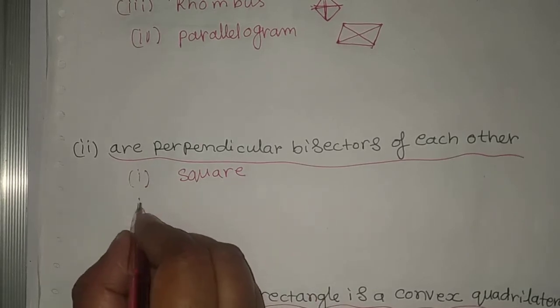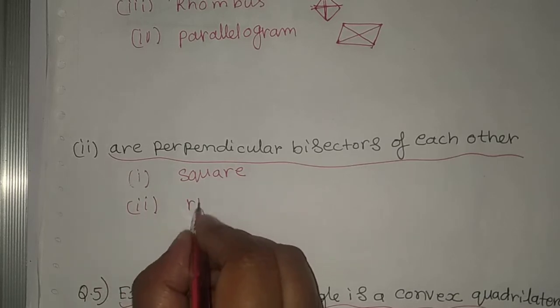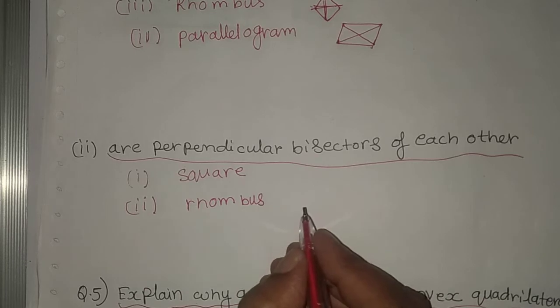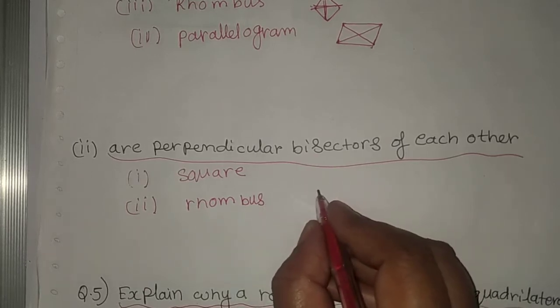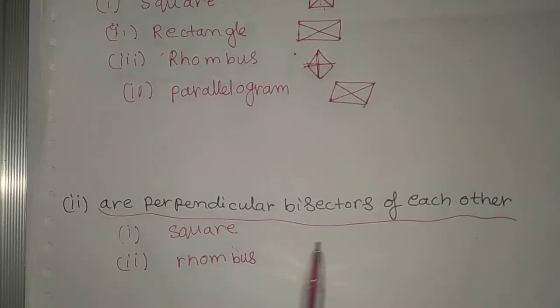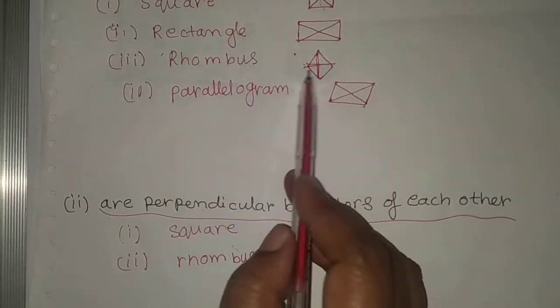Next one is rhombus. So only two options, that is the square and rhombus.